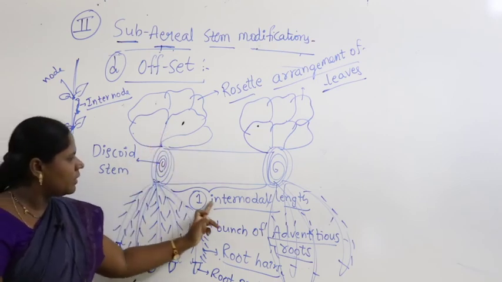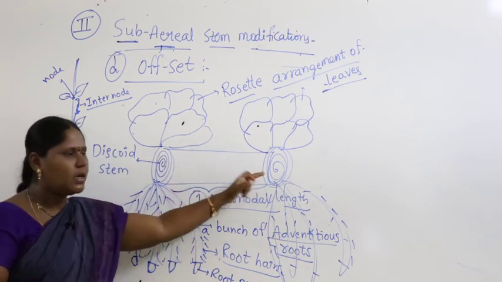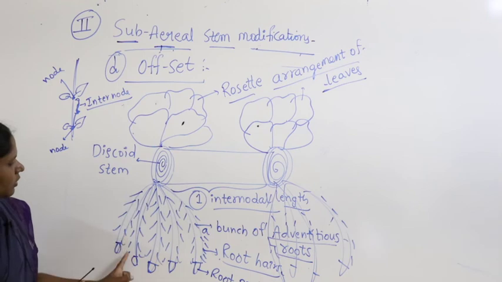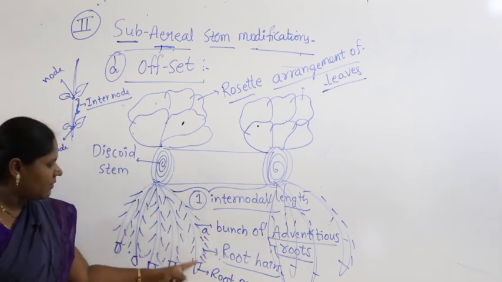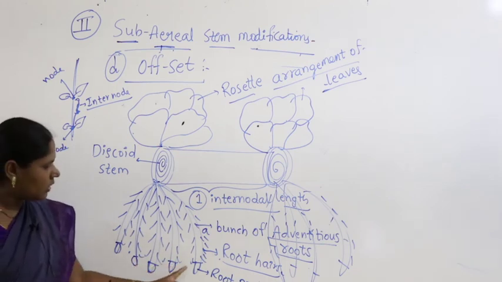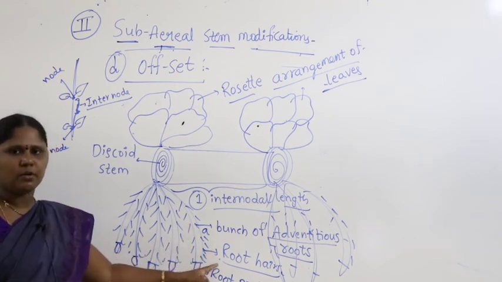With one internodal length, there is a formation of rosette arrangement of leaves along with the discoid stem, and from the discoid stem you can see a bunch of adventitious roots. The tip of the root stores more water, so they are called root pockets, and lateral roots are called root hairs.